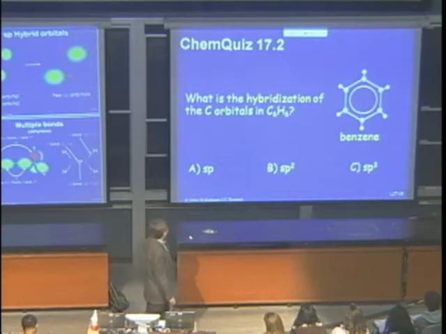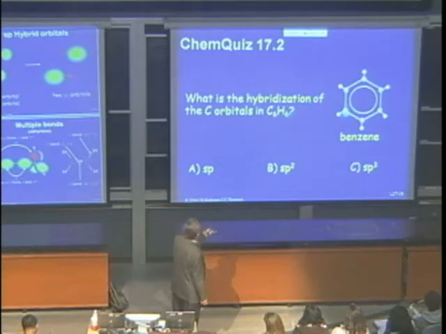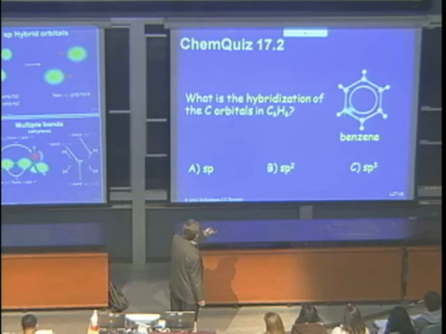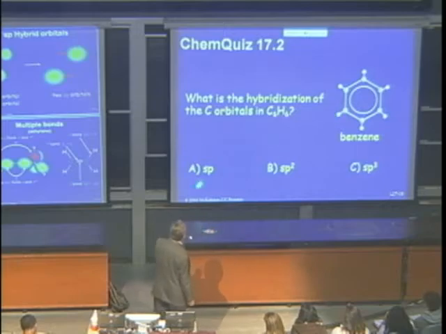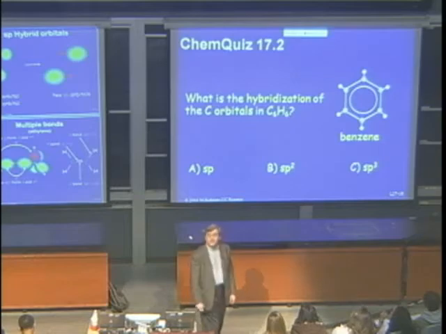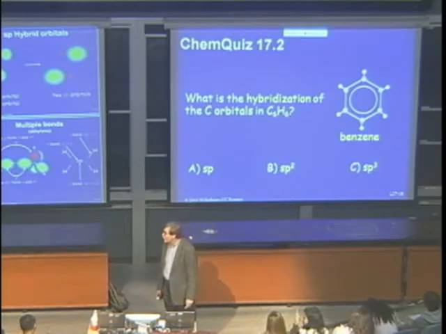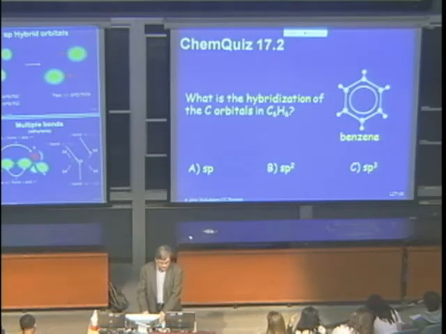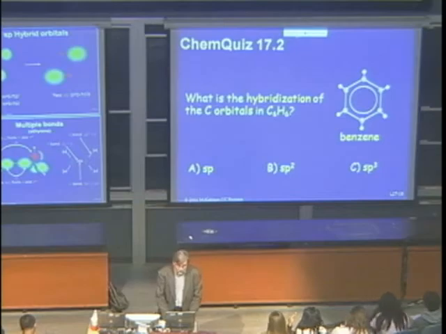So I want to know what is the hybridization of that C orbital, this carbon here in C6H6. Is it sp, sp2, or sp3? You can also use that one, or that one, or that one. I want to know what is the hybridization of these carbons in benzene. Why don't you think about it and give me your answer?